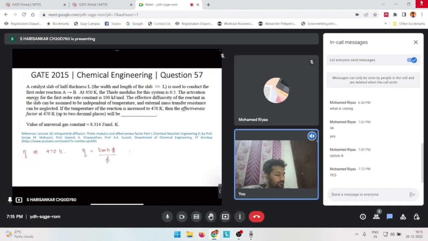And this phi is basically the Thiele modulus, which is equal to L into root of K by dE. And since the effectiveness factor needs to be found at 470 Kelvin, you need to find the Thiele modulus at 470 Kelvin. Or in other words, this K, reaction rate constant K, is also at 470 Kelvin.